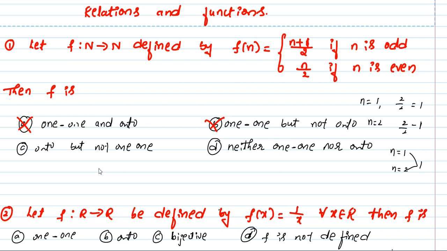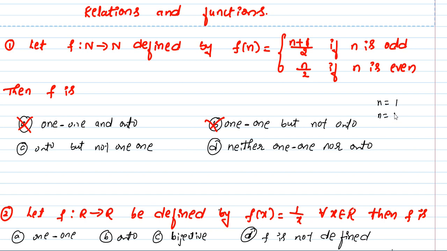Put n is equal to 1, we'll get 1. Then put n is equal to 2, we are also getting 1.